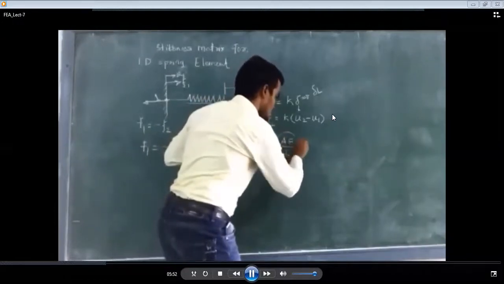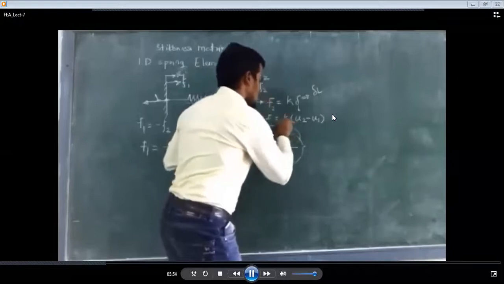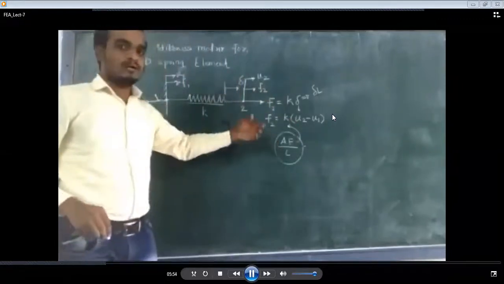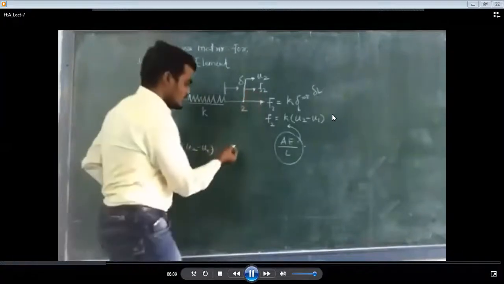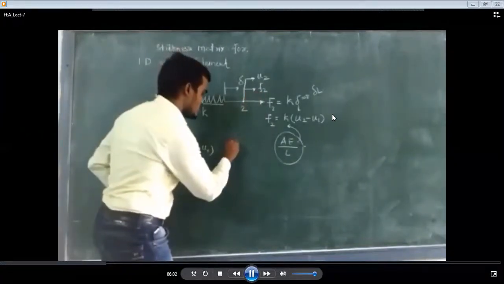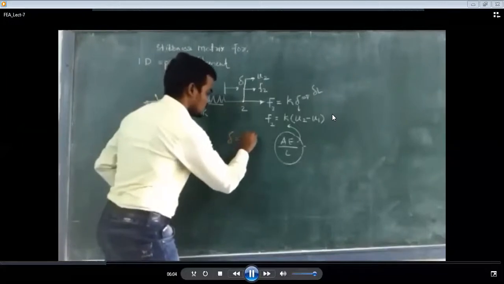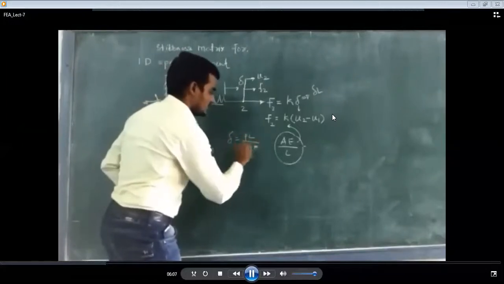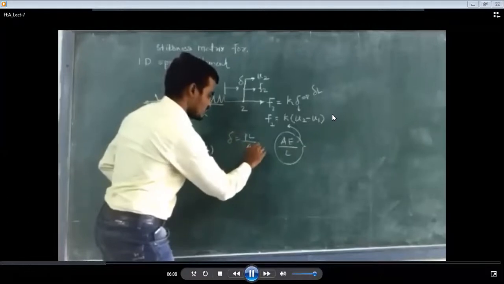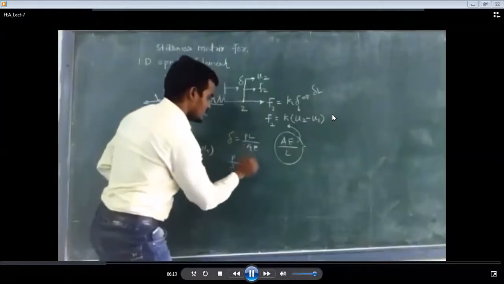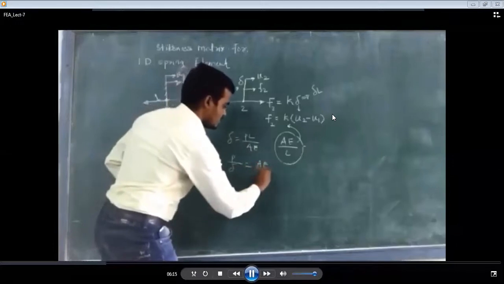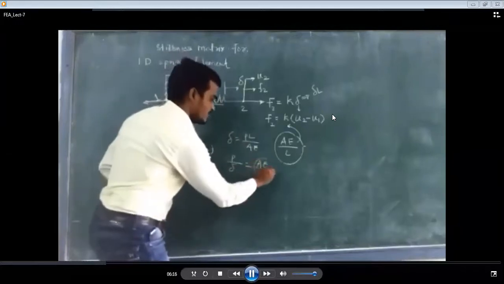Here, see, what does this AE by L mean? In the previous derivation of the one-dimensional bar element, this term K is replaced by AE by L. For the bar element, K is replaced with the term AE by L. We derived this from the formula: delta, the deflection, is equal to PL upon AE from strength of materials theory.